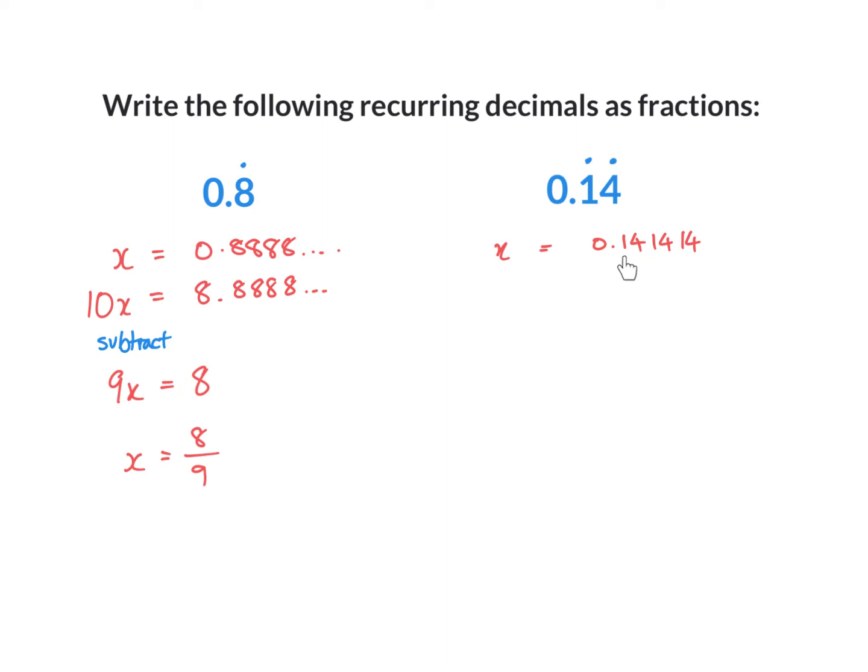Because if I multiply by just 10, then what I get is 1.414141. And when I subtract this line away from this line, it's not going to take away the decimals. Look, the 1.4 will not cancel with the 4.1. So we're going to get rid of that.